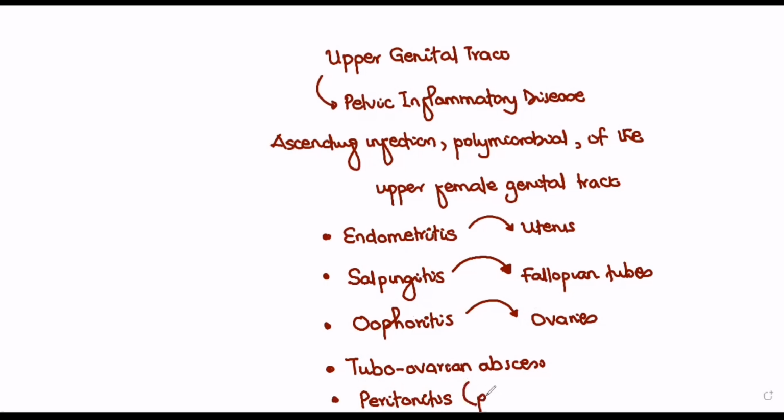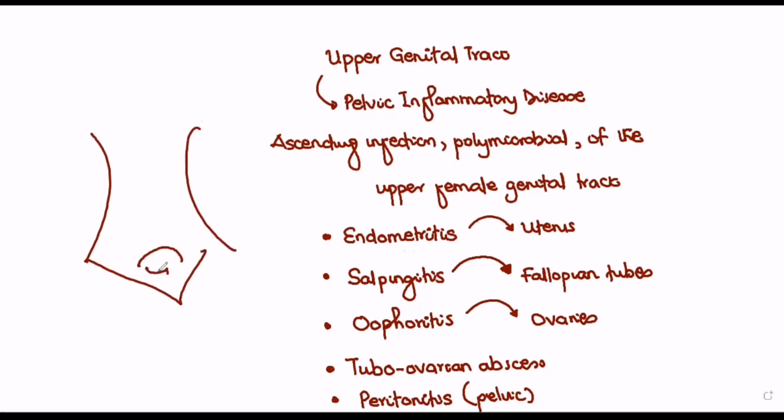Are you following me? Yes, sir. Then sometimes you can have a complication such that the ascending peritonitis now affects the superior parts of the peritoneum, notably where the liver is. Okay, so you know that this is where the fallopian tube, the uterus and everything is. So the peritoneum here has been affected. That is the PID with ascending peritonitis.